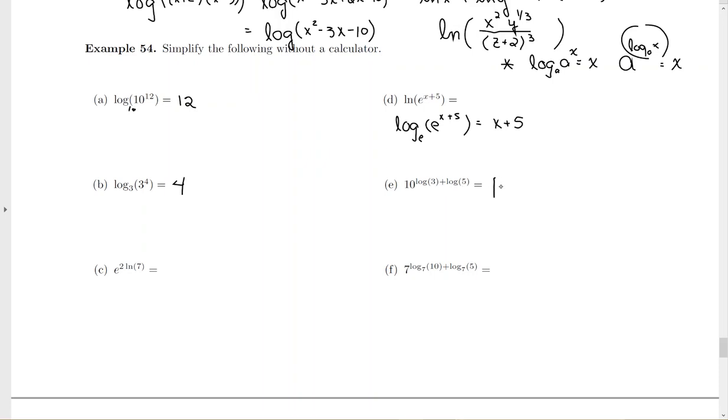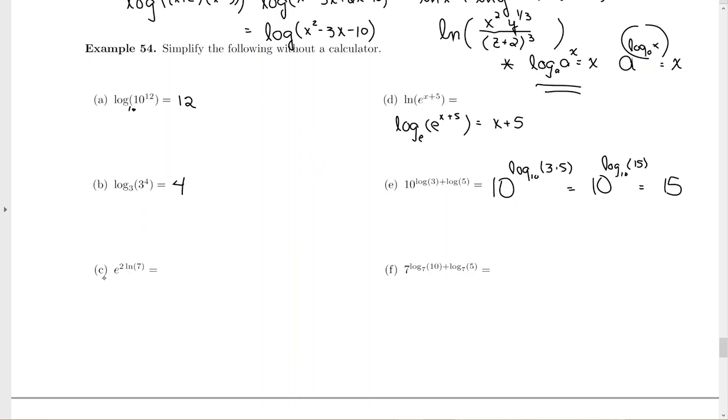So this is really 10 raised to the log base 10 of, no subtraction, so this is all multiplication, 3 times 5. Or 10 raised to the log base 10 of 15, which turns out to be 15 by our property up here.